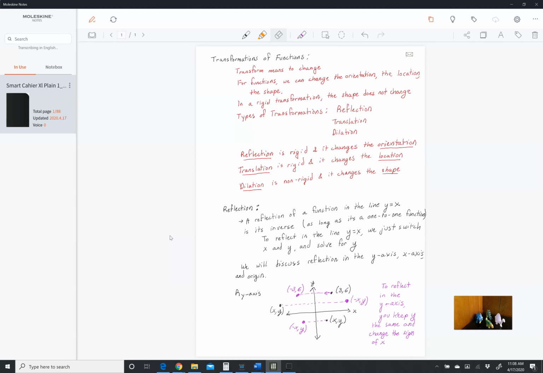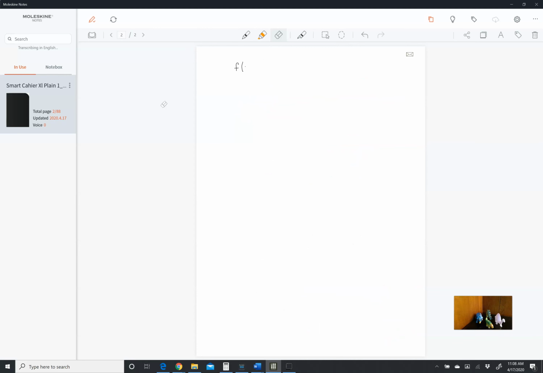Okay, so here's what this means for functions. The reason why we looked at coordinates first is because that tells us what to do with the function. So I'm going to remind you that in a function, when we have f of x, x is our input. This is our x value.